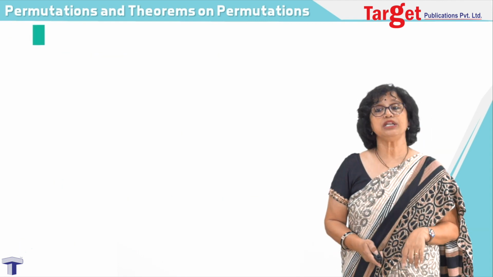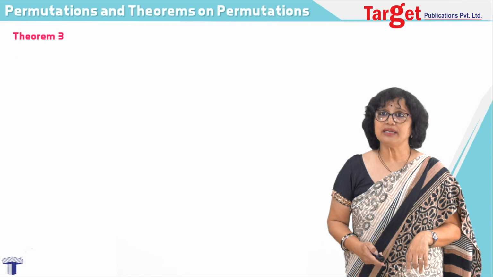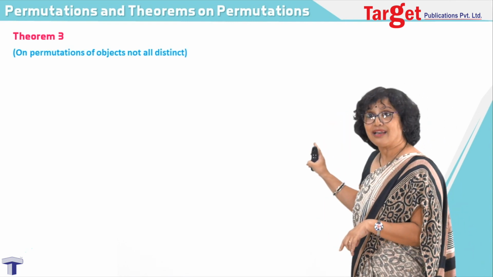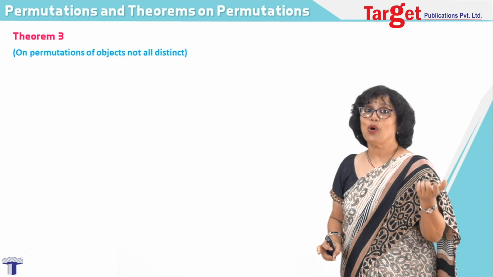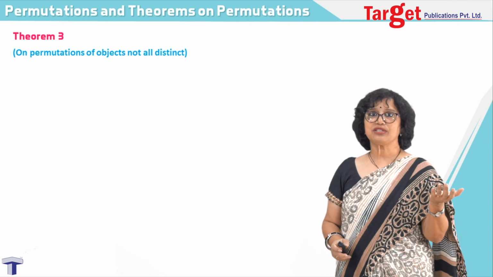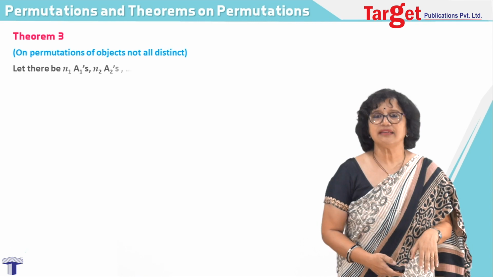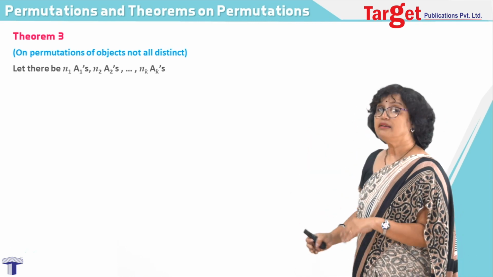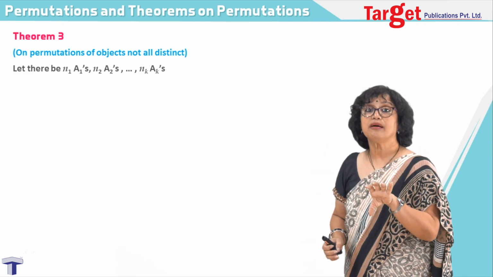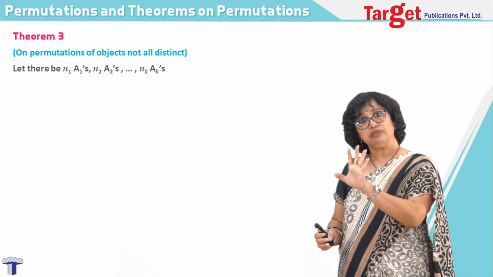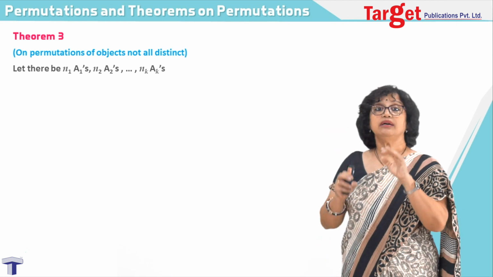Now from here I proceed to the next theorem, and this is related to when all objects are not distinct. I'm sure many of you must have thought that if objects are not distinct, then what? Then we have a theorem for it, right? The theorem says that suppose there are n1 A1s, n2 A2s. Understand this.